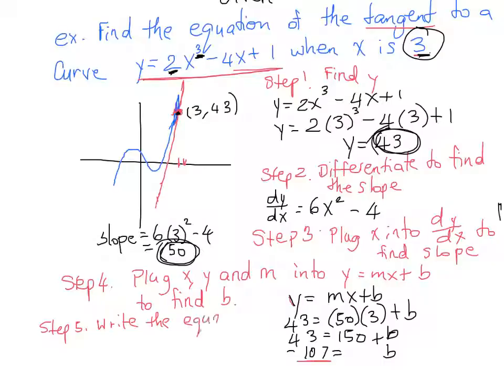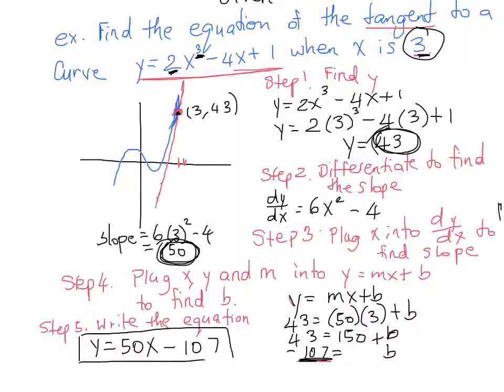Remember, it's the equation of a line, so it's going to be y equals mx plus b. And so we have y as y, m as the slope, which is 50, x plus b, which we found to be negative 107. And that's the equation of the line, of the tangent.